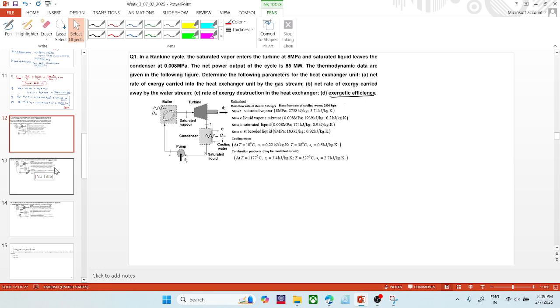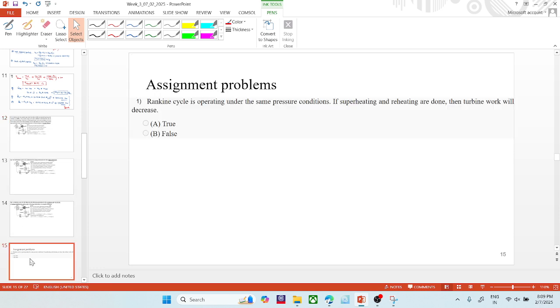No, but all the formulas are provided in the lecture, so you can refer to that. Yeah, the most important thing, what I have to do, I have to solve some problems for you.